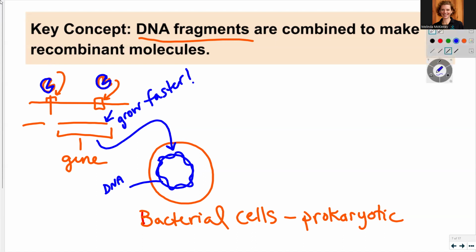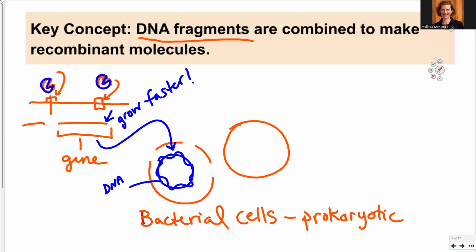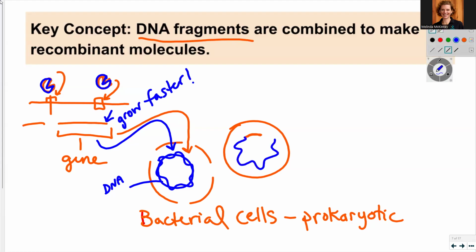So the bacterial cell, you can take it, put it maybe in some heat or some different chemicals, and it will make the cell membrane a little bit permeable in solution. And the gene will actually, if it's put in there in high concentration, migrate into the bacterial cell and may even integrate and be added into that original DNA.